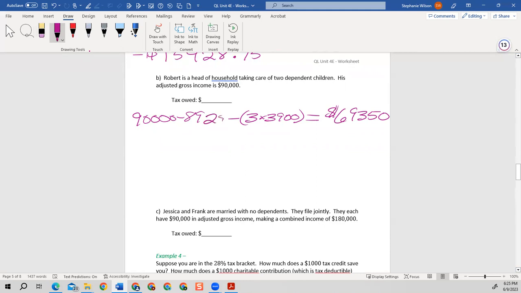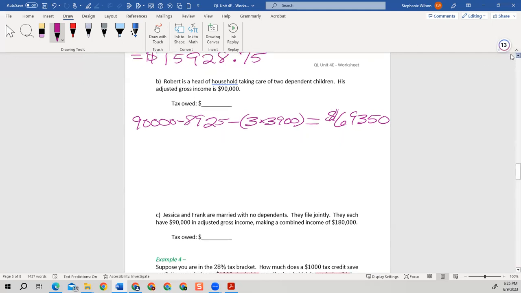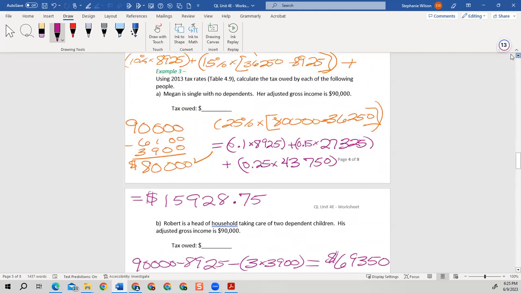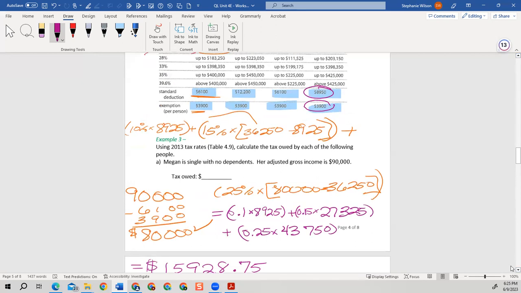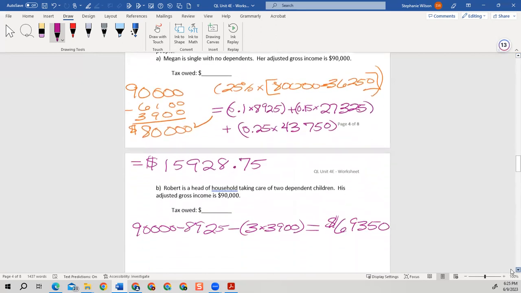Yeah. Let me double check my math again. Let me go back up here and double check the standard deduction for head of household. $89.50 was correct. Okay.